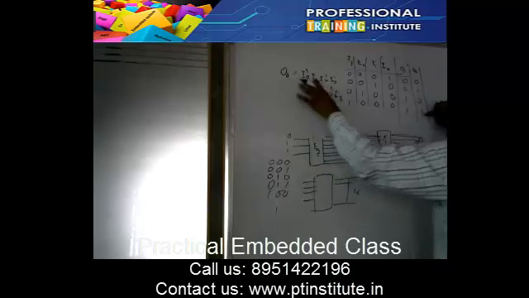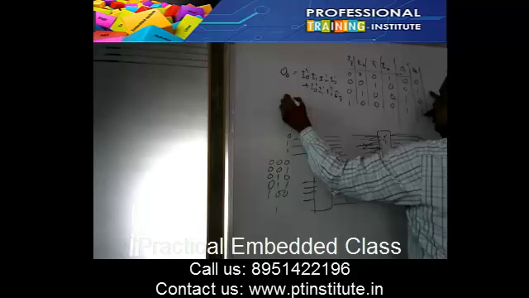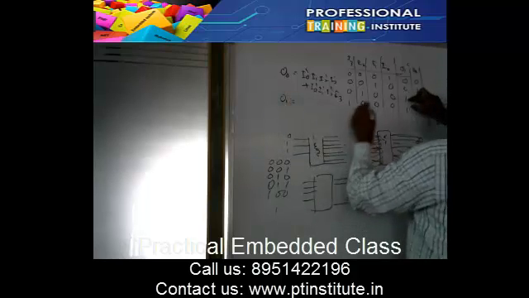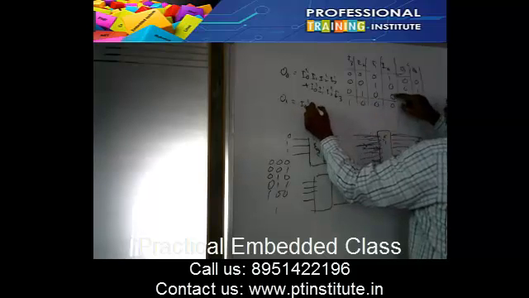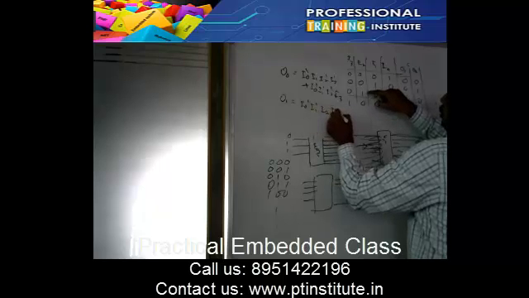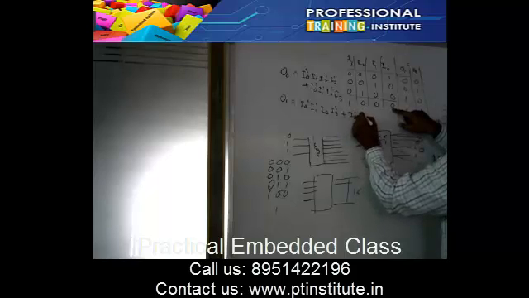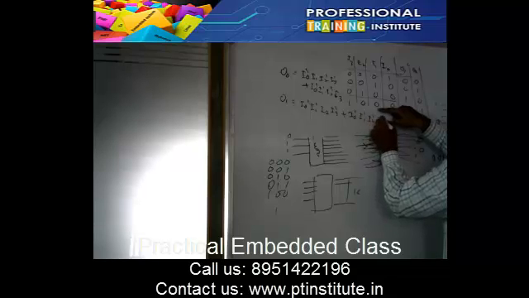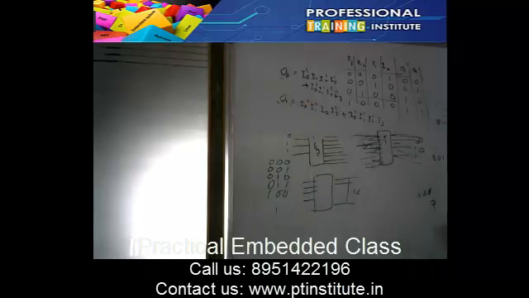So this is the equation for O0. Same way I will write for O1. O1 is, this is the equation: I0 naught, I1 naught, I2 and I3 naught plus I0 naught, I1 naught, I2 naught and I3. So this is the equation for O0, this is the equation for O1.